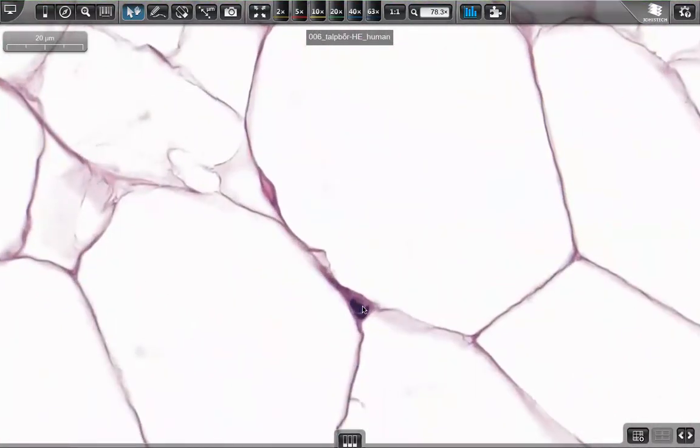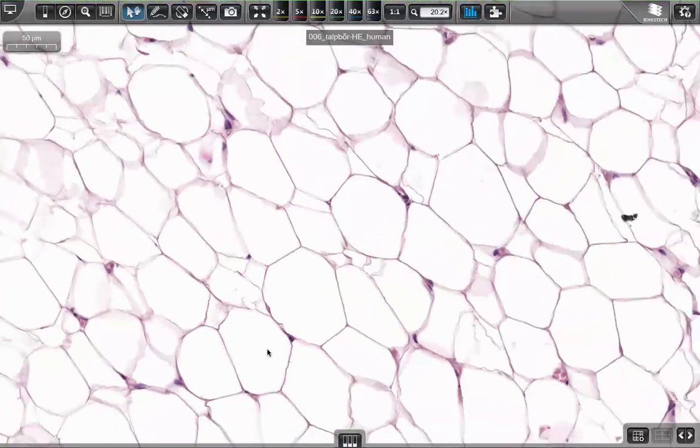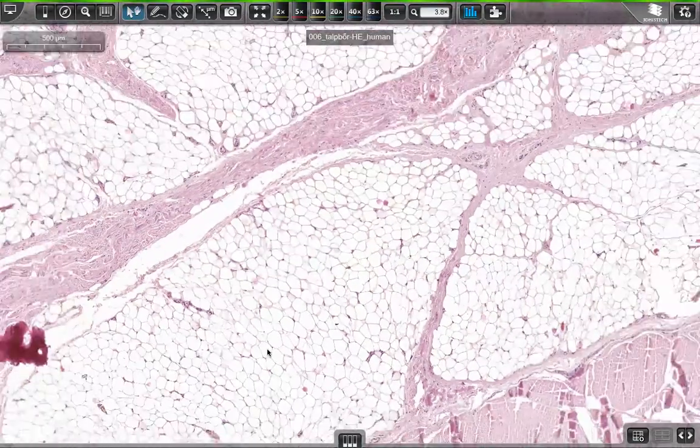So here we have the nucleus of the adipocyte, and there is a thin rim of cytoplasm pushed toward the cell membrane. This is the place for the fat, but it's dissolved because of the ethanol of the preparation.